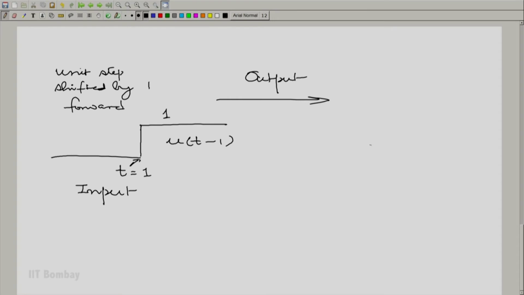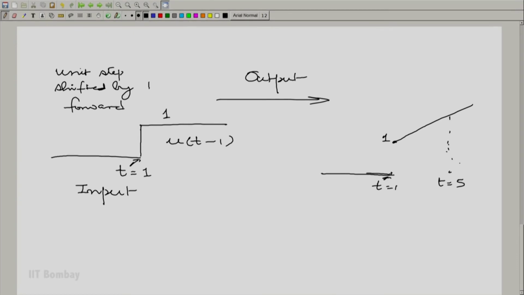Now, please note that the output would of course begin to be non-zero from t equal to 1, as you expect, but it would be 1 at t equal to 1, 1 times 1, and from there it is going to grow linearly. So, it is essentially going to be 1 multiplied by t from there onwards. That is interesting. So, for example, this is at t equal to 1, but let us say I take t equal to 5.